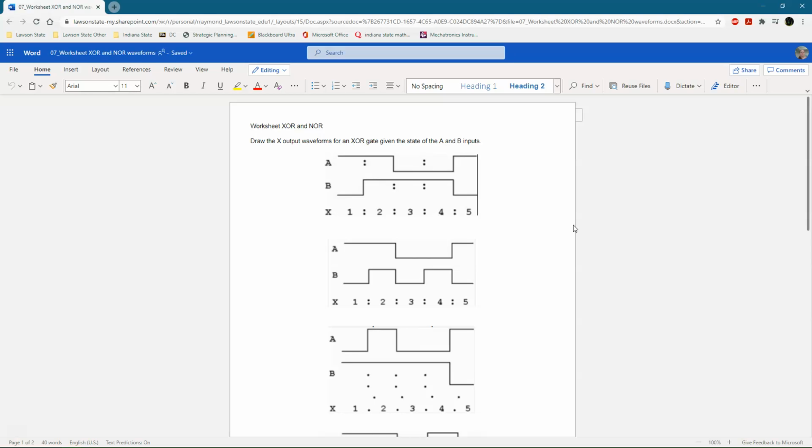I also draw my output on this. What should my waveform look like for an exclusive OR gate if this is what I'm given?